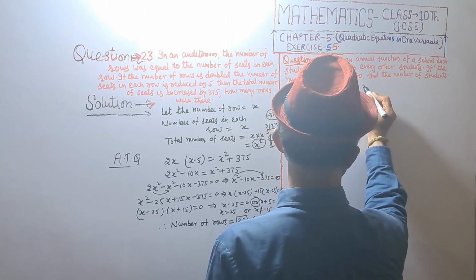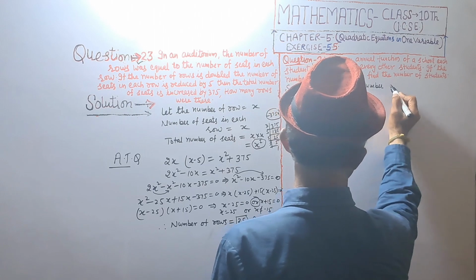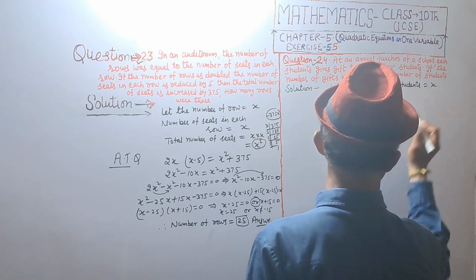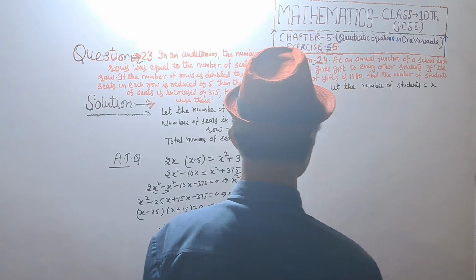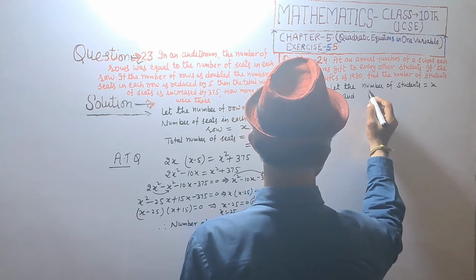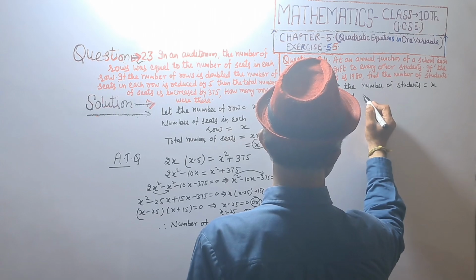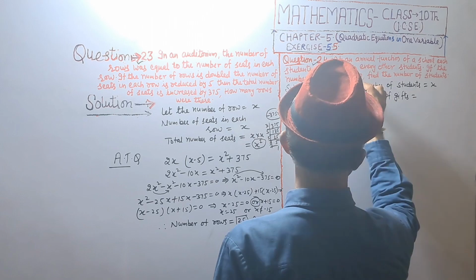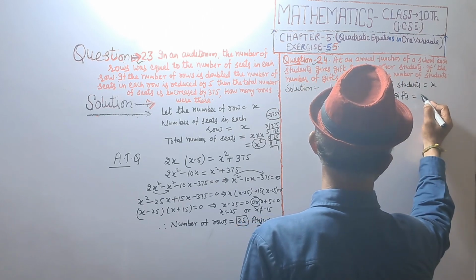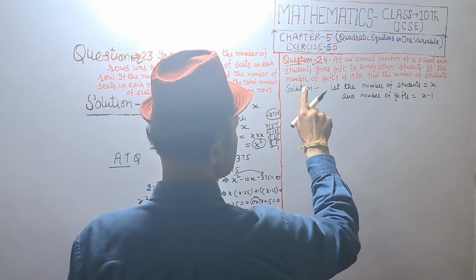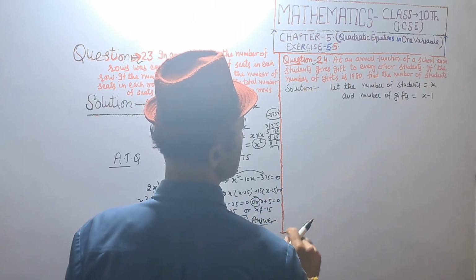Let the number of students be equal to x, and number of gifts is given by gift to every other student. Each student gives a gift to every other student, that is x minus 1.